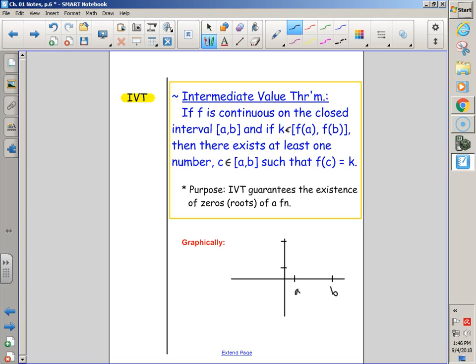So what if I was to make f of A up here and f of B down there? Doesn't f of A mean there's an actual point there with that x and that y? And doesn't f of B mean that there's an actual point there with that x and that y? A and f of A, B and f of B. It's just an x, y of a point.